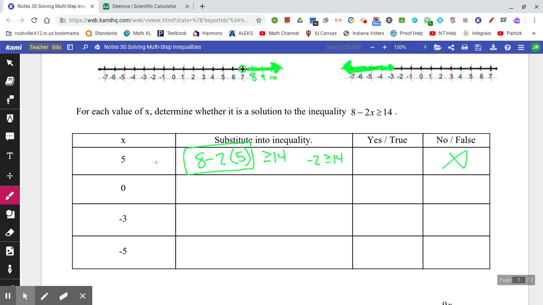All right, so that means that 5 is not a solution, which verifies that 5 should not be included in our solution set up here, which is why it's not in the shaded region. Okay, based on what we have up here, 0 should not be a solution. Let's verify that. If I type into Desmos 8 minus 2 and then in parentheses 0, I need to see what that simplifies to be.